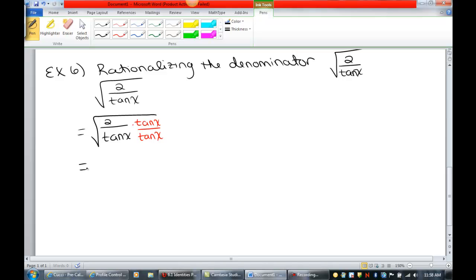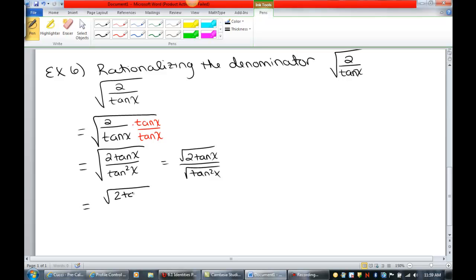Okay, so this leaves me with 2 tangent x over tangent squared x. And again, we're rationalizing the denominator, so the goal is to get rid of the square root in the denominator. I know that this is the same as this. Okay. And the square root of tangent squared x is tangent x. And that's rationalized.